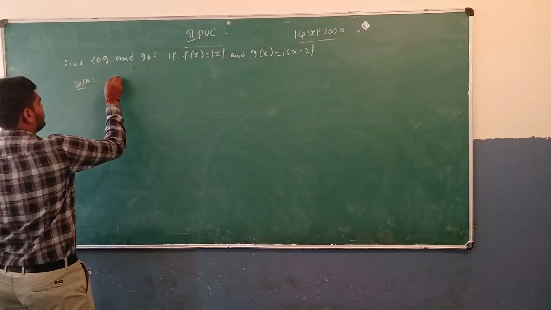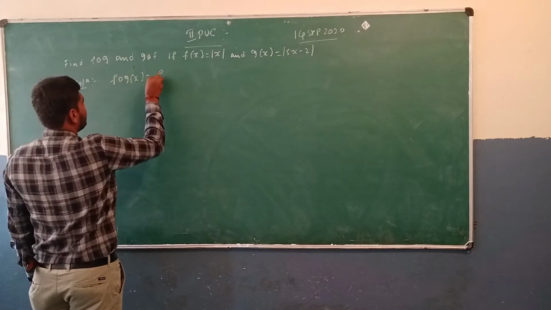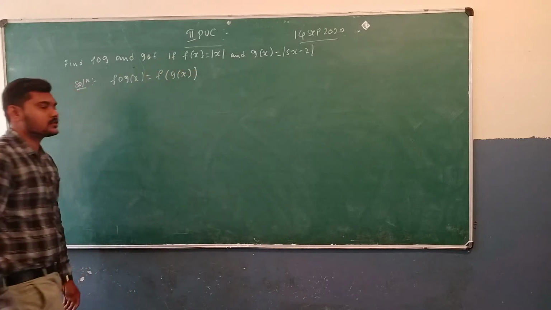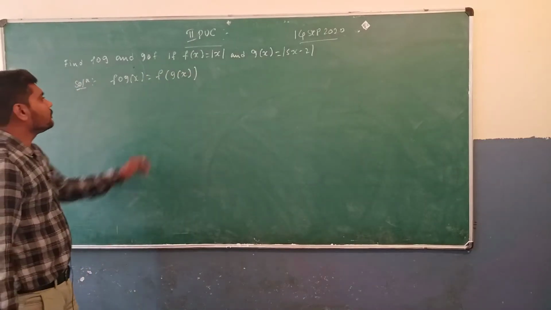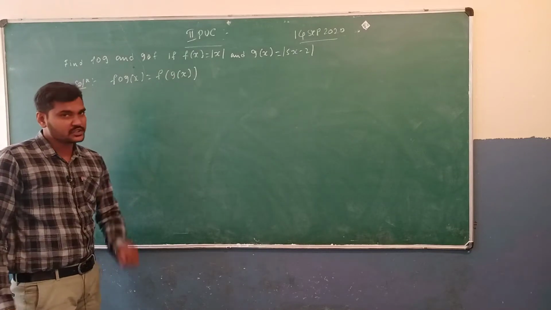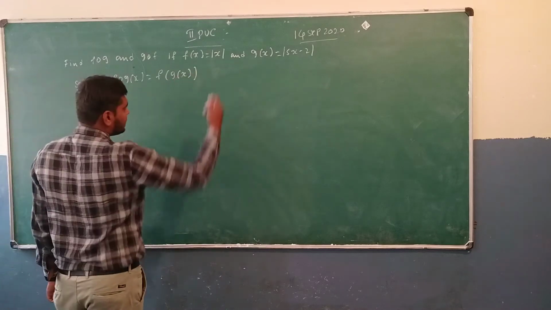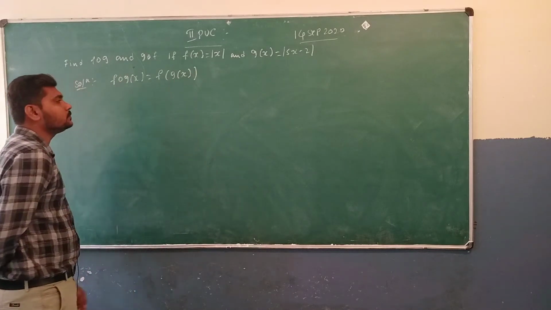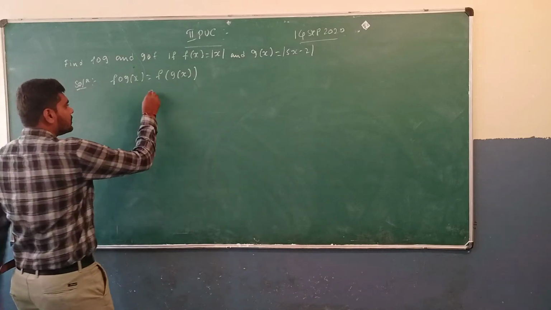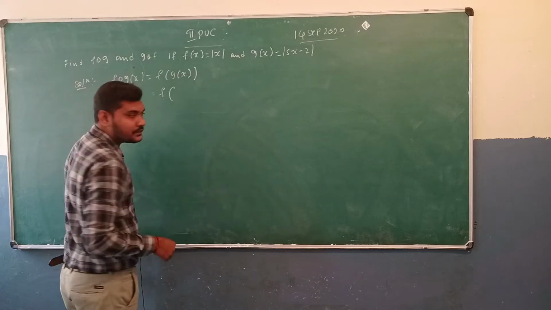So fog of x is nothing but f of g of x. Observe that when one function is inside another function, it is called the composition of functions. So the value of g of x is the given function, mod of 5x minus 2.